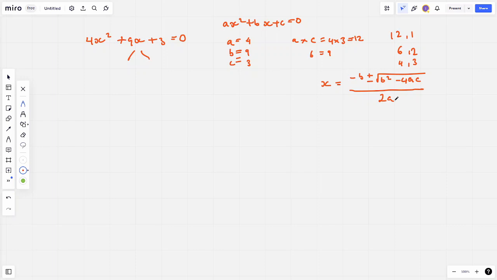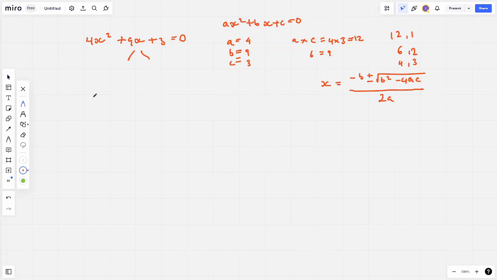So we've identified the coefficients a, b, and c earlier on, which are these numbers, again from the quadratic form that we identified our equation to be in. We now need to substitute these coefficients into the equation to get the two roots. So let's do exactly that.